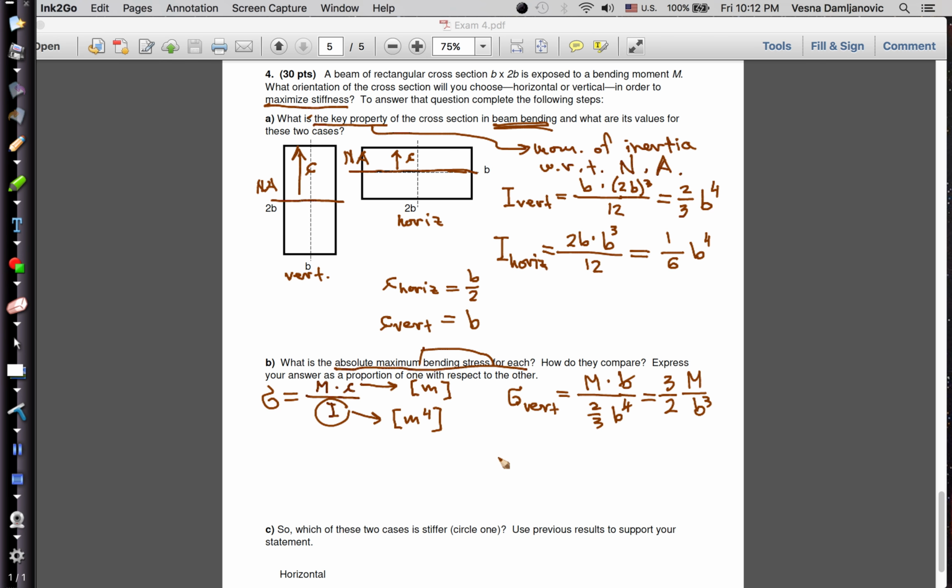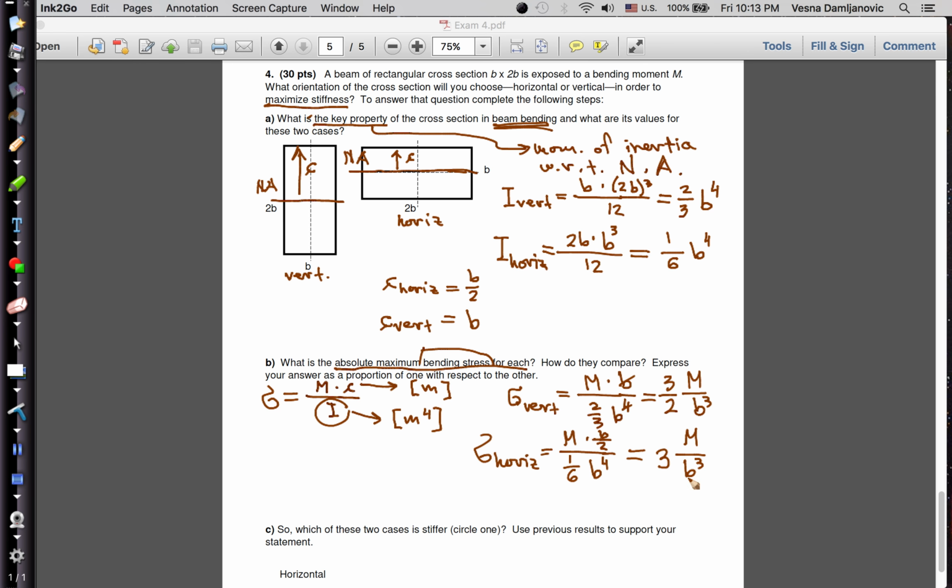Now let's look at the horizontal. It is equal to, again, m times, now the c of the horizontal is b over 2, and the I horizontal is 1/6 b to the fourth, and that comes to be 3 m over b to the third.